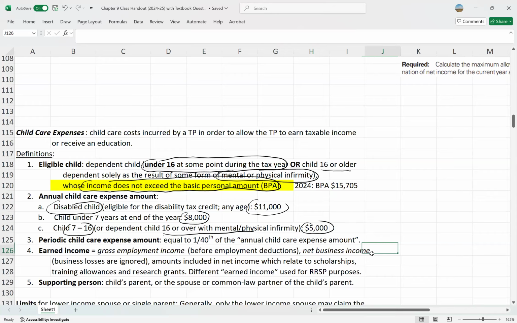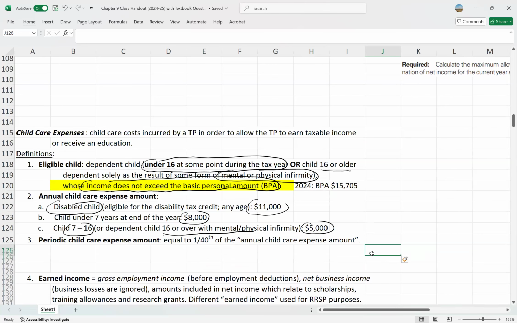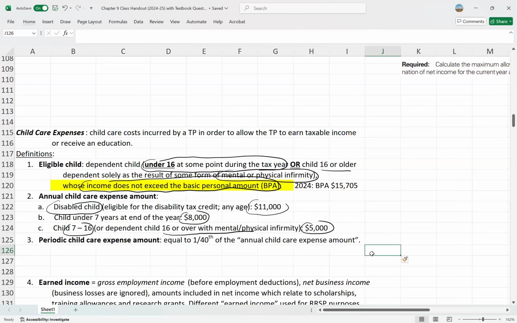And then we have this term which is called the periodic amount. The periodic amount is 1/40th of the annual amount. So if we look at the first amount above, 11,000 times 1/40th, that's going to give us 275. If we look at the next annual amount, 8,000 times 1/40th, that's going to be 200.